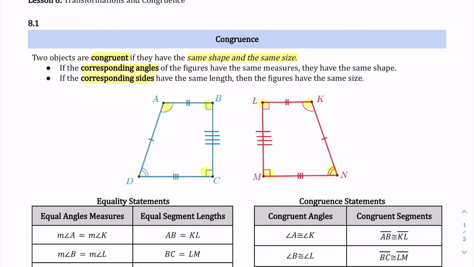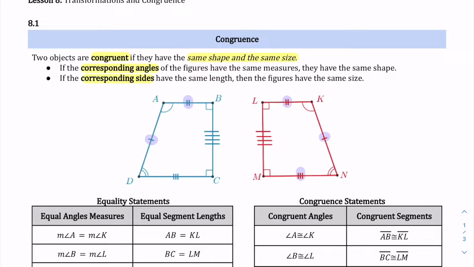Okay, before we get into these tables down below, you probably have seen the symbols that we use to show that segments are the same length or angles are the same size. Between A and D there's one tick mark, and between K and N there's one tick mark. That just means those are the same size. Similarly, these both have two tick marks, so those are the same length, these have three, those are the same length, and so on.